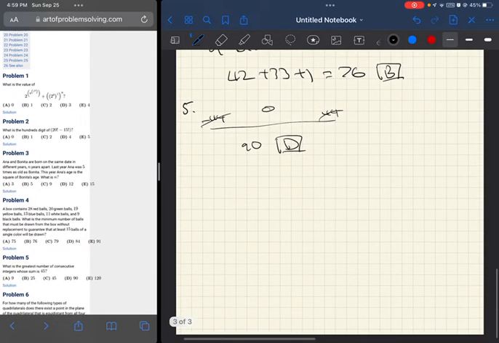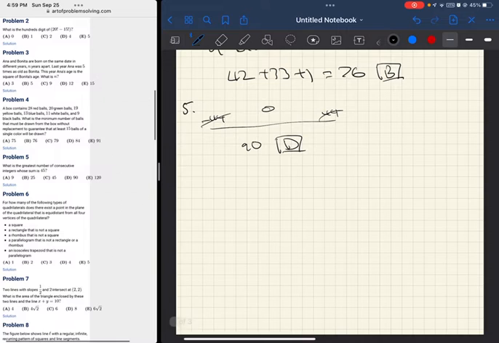And then 6 is how many of the following types of quadrilaterals does there exist a point in the plane of the quadrilateral that is equidistant from all 4 vertices of the quadrilateral. Okay, so essentially what this is saying is how many are cyclic. Cyclic meaning if you have a square, the circle will touch all 4 of these vertices and still be an equal distance from the center.